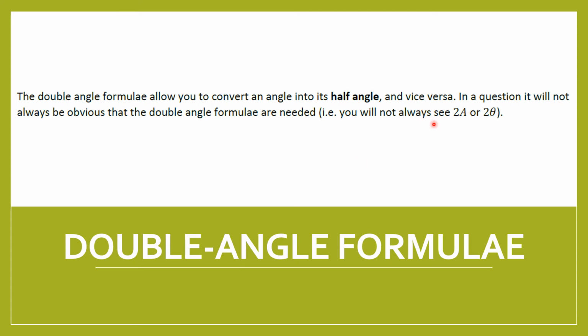For example, you're not always going to see sine, cos or tan of 2A or 2 theta or 2x or whatever the angle is, which is another reason why it's so important that you memorize the double angle formulae, because you'll need to spot them when they appear in a question, and then you might need to work backwards and go back to tan 2A or sine 2A or cos 2A. So really, really important. You're going to see that in the following examples.